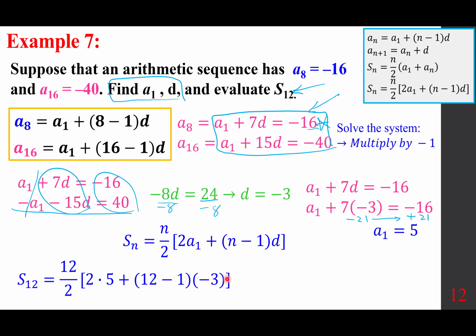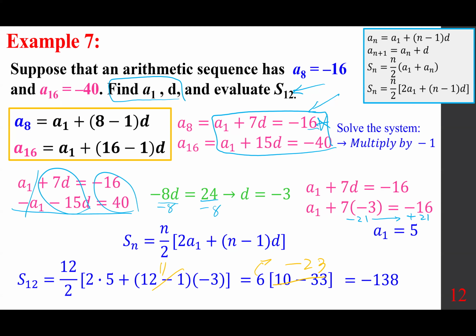So 12 divided by 2 is 6, 2 times 5 is 10, this is 11 times negative 3, which is negative 33, and so we have minus 23 times 6. Negative 138 is the final answer for S sub 12. So pretty straightforward.